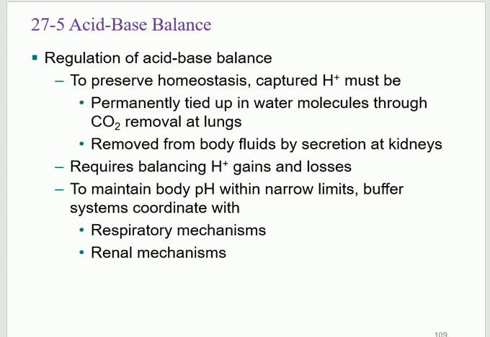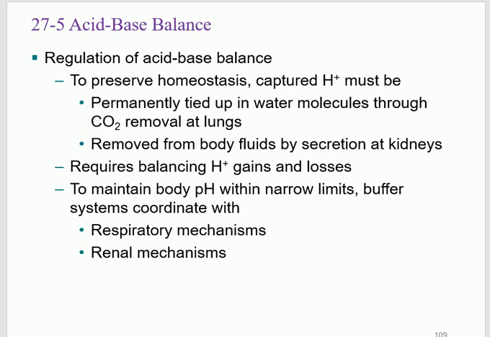Here's what I mean. Are we following? Follow with me. We have three tools to control the pH. Three tools. Respiration controls the pH through carbon dioxide, which reacts to make carbonic acid. Clear? This is one. Next is the kidney.